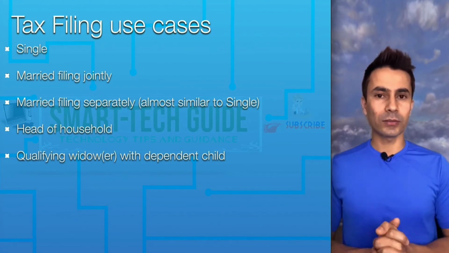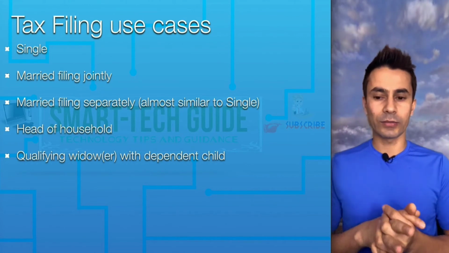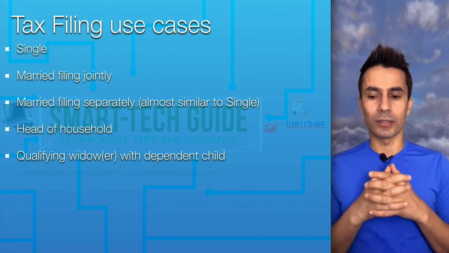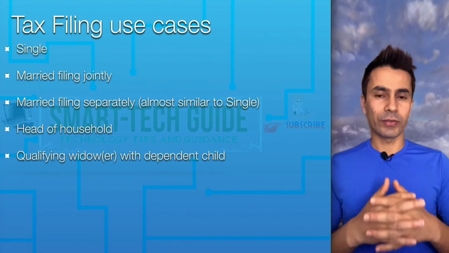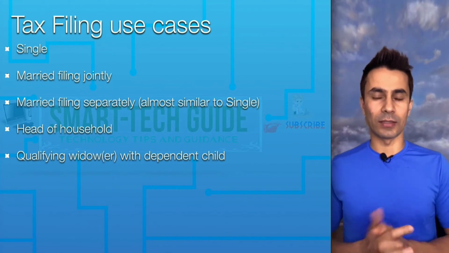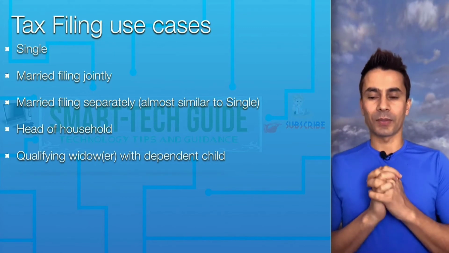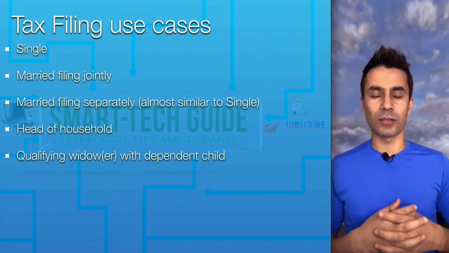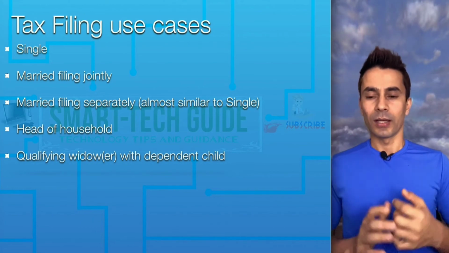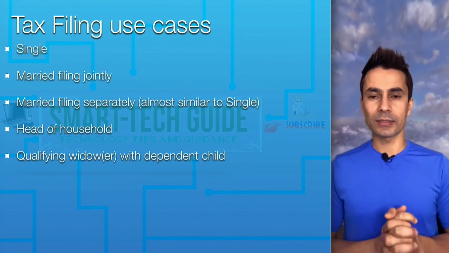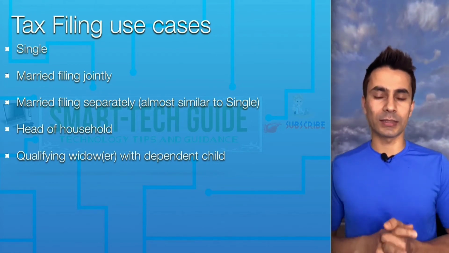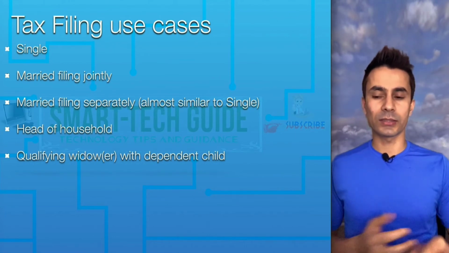Head of household is a little bit different, because if you claim head of household, half of your income has to be spent on the dependents that you claim on the head of household filing status. If you are a qualifying widower with dependent children, you have to file taxes. These are the five different tax filing statuses. Even in these statuses you may have different situations, some complex, some simple. I'll discuss all of those.